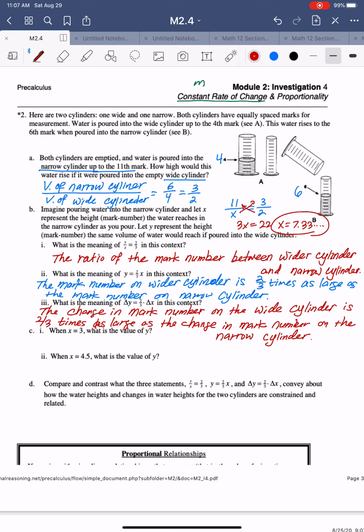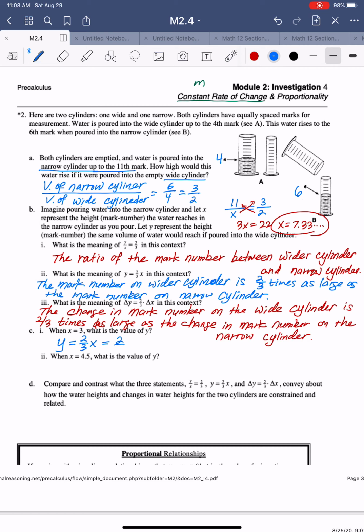All right, part C: when x equals 3, what is the value of y? To find it, I can use equation 1 or equation 2, but since we have equation 2 here, I want to use it. y equals 2/3 times x.